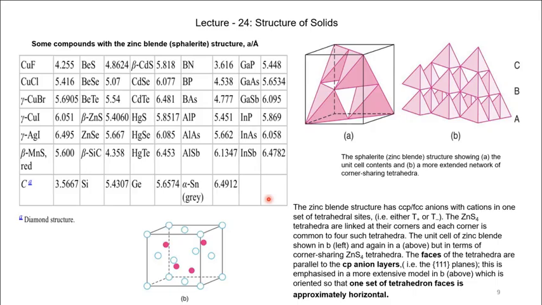We will continue with the next few lectures on more structures. You will see that we will talk about metallic structure, and we will also talk about covalent structure in future lectures.